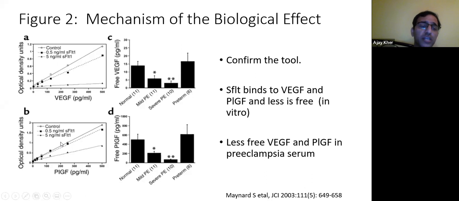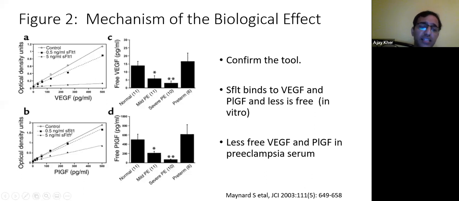What they're showing is the effect of the higher amount of sFlt1 that they put. Circles are controls, the black boxes are sFlt1 at 0.5, and the triangles are sFlt1 at 5 nanograms per ml. They're showing that the free VEGF that is available is much, much lower if you increase sFlt1 compared to if you put less, so sFlt1 and VEGF are binding to each other. Similarly, sFlt1 and placental growth factor are binding to each other.